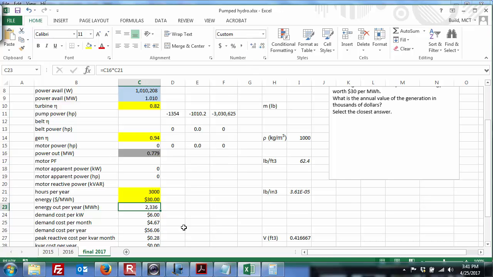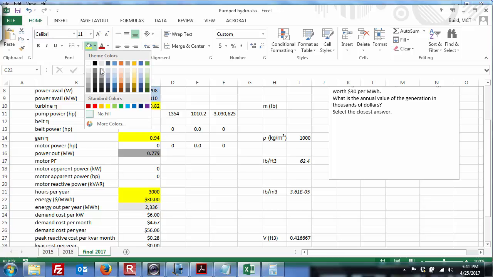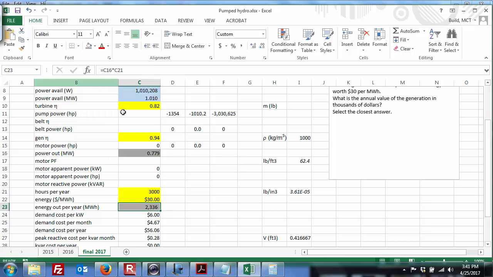Okay, so we've got 2,366 megawatt hours per year. It can be gray. And here's our cost, and this is our cost per month. Well, what's the profit in dollars?